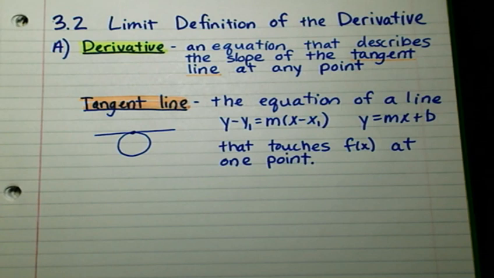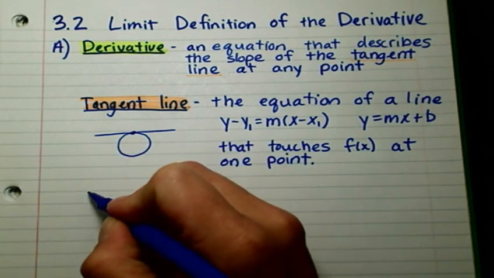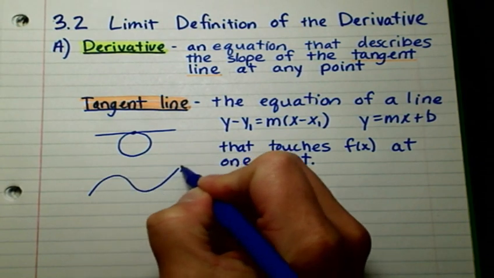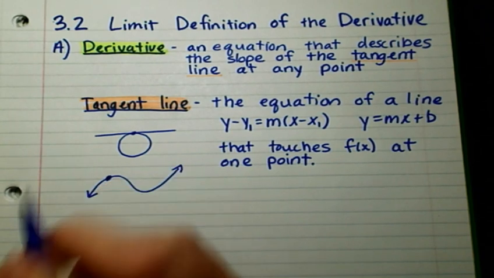Same thing, except we don't have this kind of picture. We have polynomial type graphs now. Okay? So when I draw the picture of this tangent line, put a point.